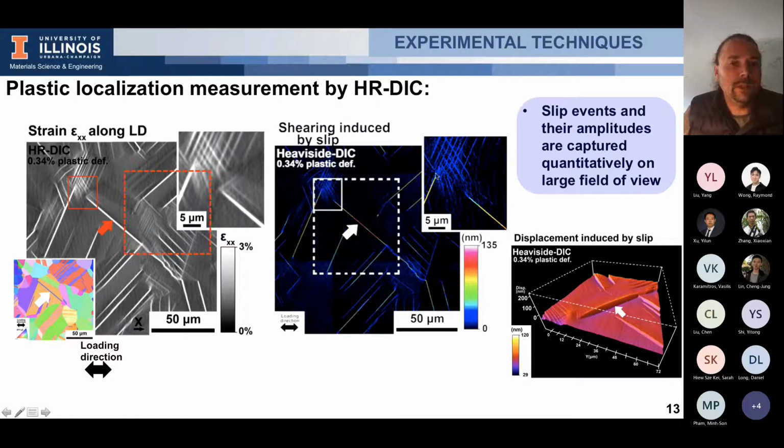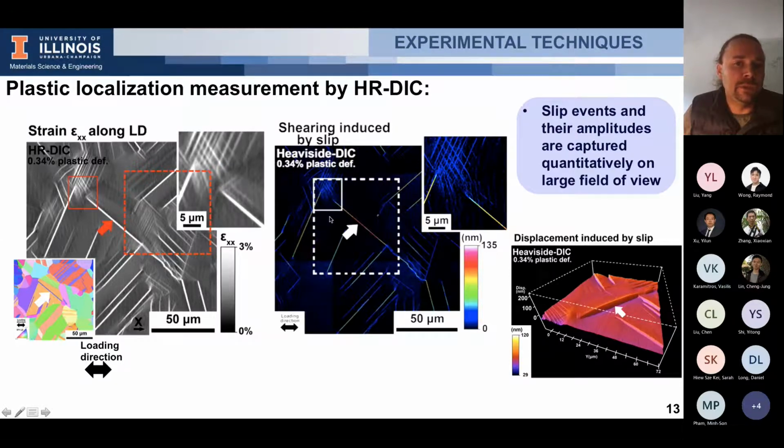Using the heaviside DIC in the middle, at the same time, you can also capture quantitatively the amplitude of the displacement. For instance, you can see this band in the middle here near the twin boundary has an amplitude quite high compared to the other slip events. And here it is given in nanometers.